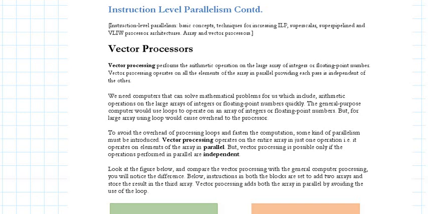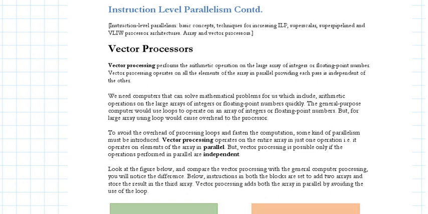So, you actually need computers that can solve mathematical problems for us, which include arithmetic operations on large arrays of integers or floating point numbers quickly. If you look into the real-time mathematical problems that a computer has to solve, in those scenarios the size of the array might be in millions.